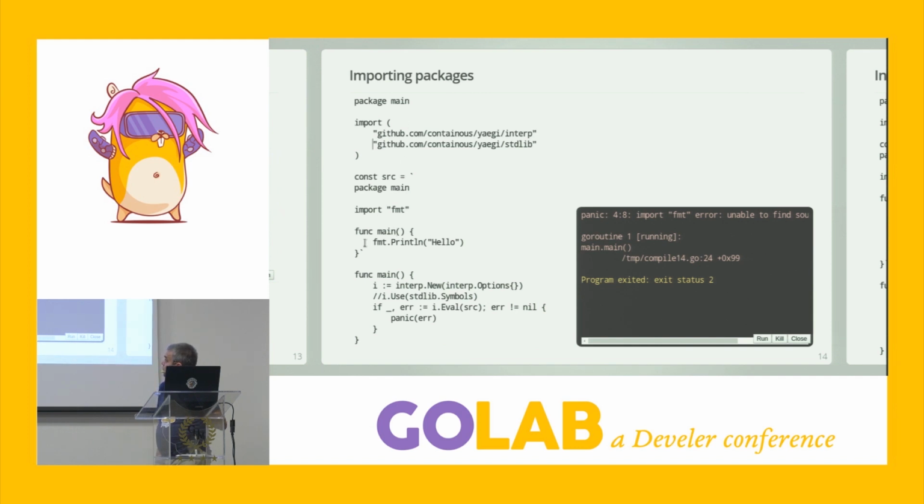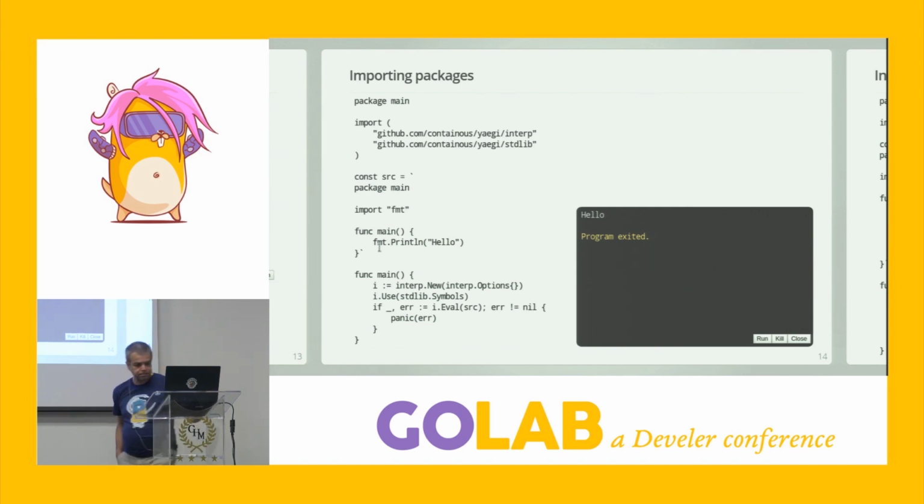So we have imported it, and then we can use it prior to evaluating some code. We can expose the standard library symbols to the interpreter using the Use function. And then if I run the code again, okay, so it has printed hello, and this time it has printed hello with the standard library format.